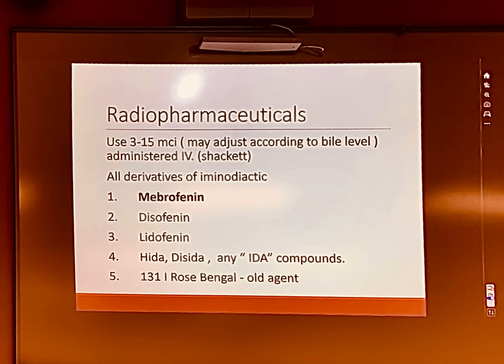Now to the nitty-gritty. Radiopharmaceuticals. Your radiopharmaceutical range, according to Shackett.